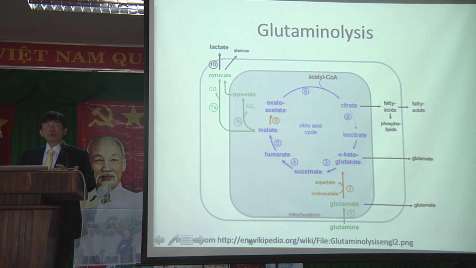So before you use the culture media, you add or replenish the glutamine in the culture media. And very often you would add serum to the culture media. Now, glutamine is actually a very important energy source for the cancer cells.